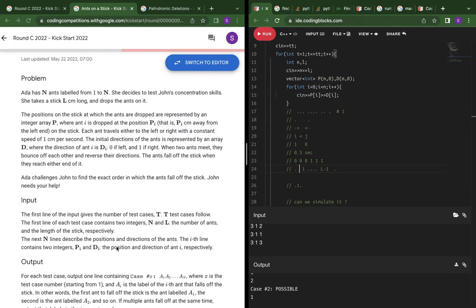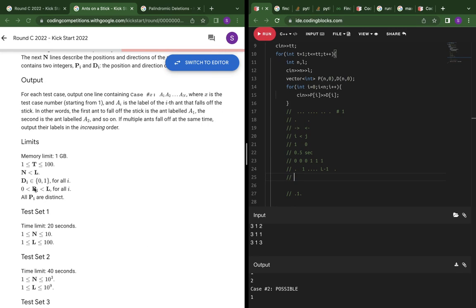If pi is the position, pi centimeters away from the left end, that means pi is never equal to 0, it is equal to 1. That means it is a distance 1 from the left. Okay, that is understandable.